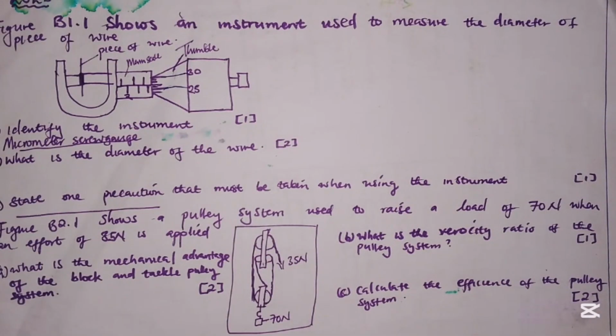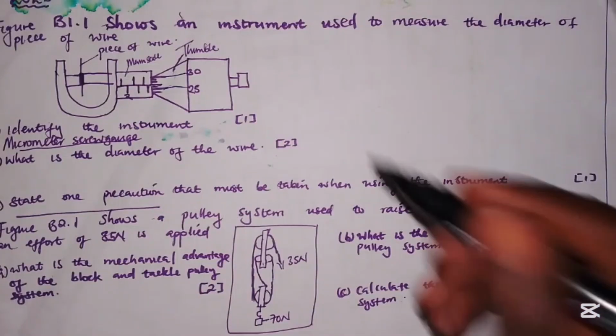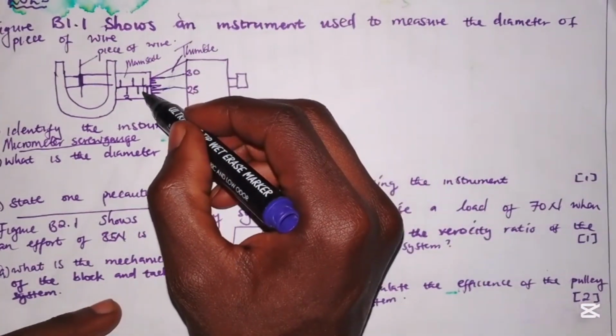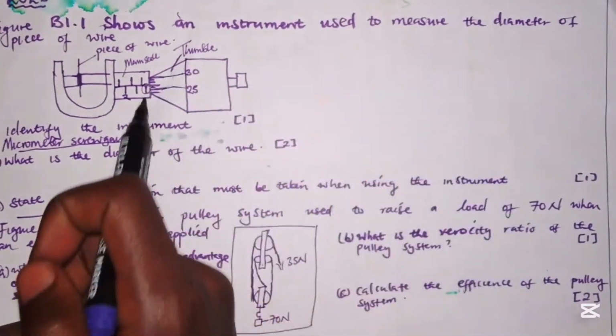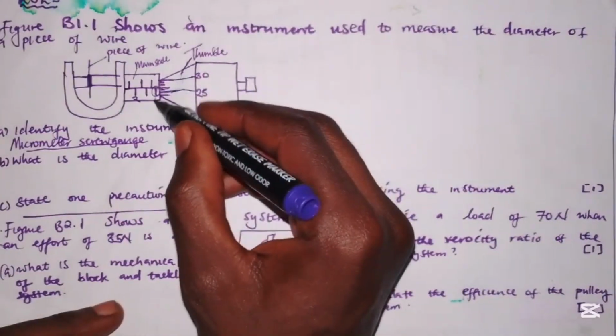The first step we need is to read the main scale. So what do we read on the main scale? On the main scale, the point we basically consider is the last point, which is close to the thimble.